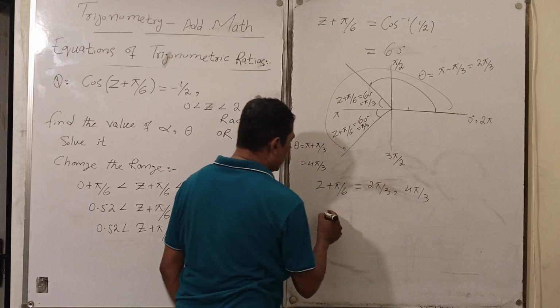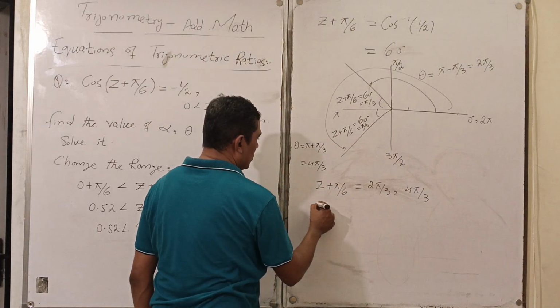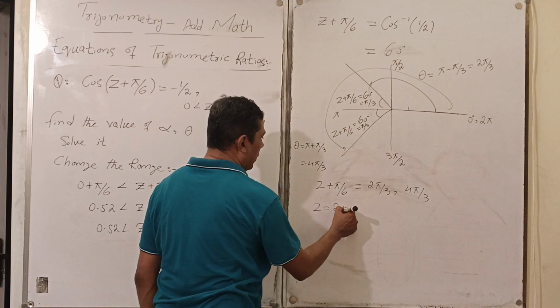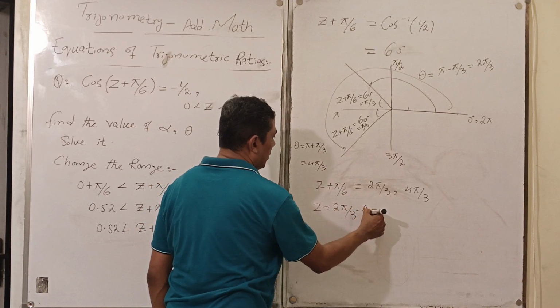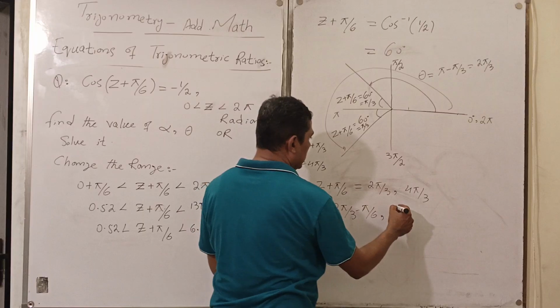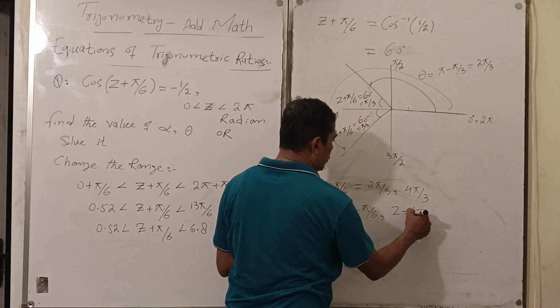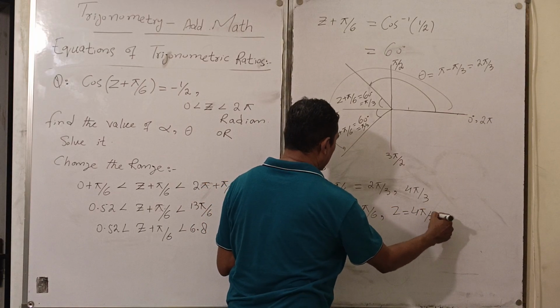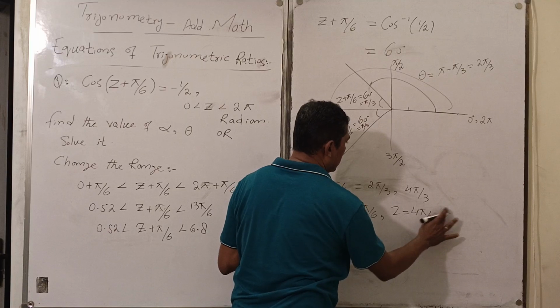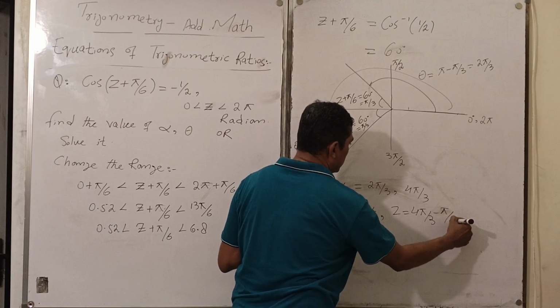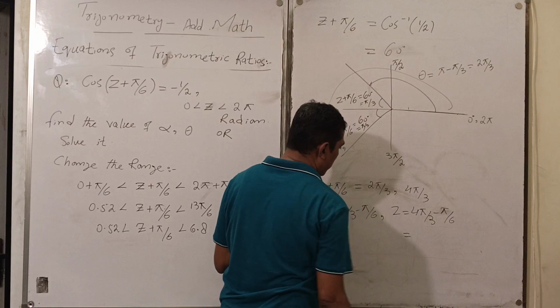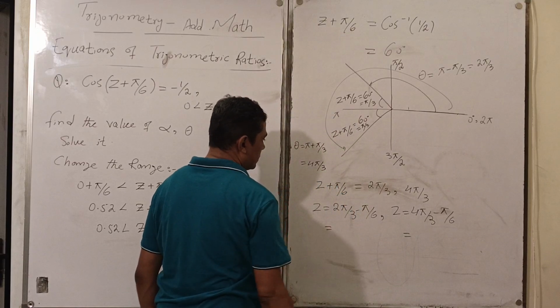So solve for the value of z. So z equals 2 pi by 3 minus pi by 6 and z equals 4 pi by 3 minus pi by 6. Clear? Solve it. For the first one, 1 over 2 pi.